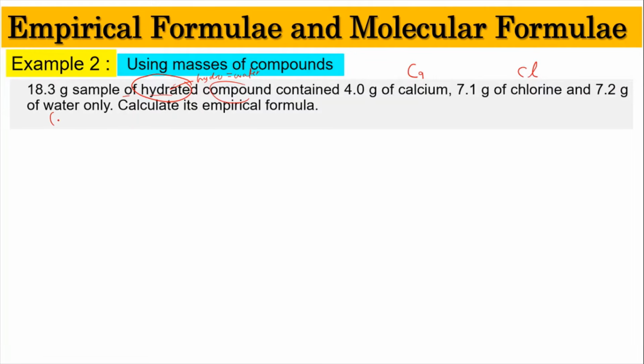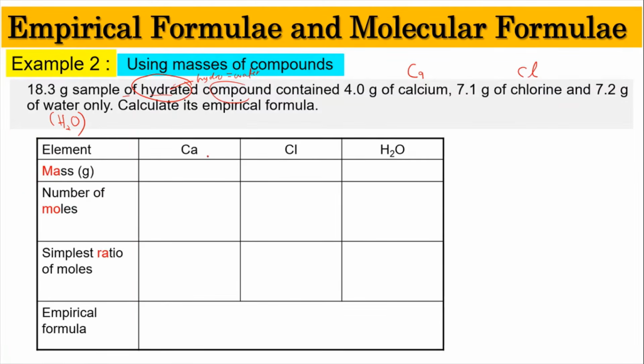So the water here is H2O. Okay, and then we need to calculate its empirical formula. So in order to find the empirical formula, we need to use the mole table. So we have the element of calcium, chlorine, and water. So for this case, because it's stated that it is hydrated, you can straight away use the element of water because you have the mass of water.